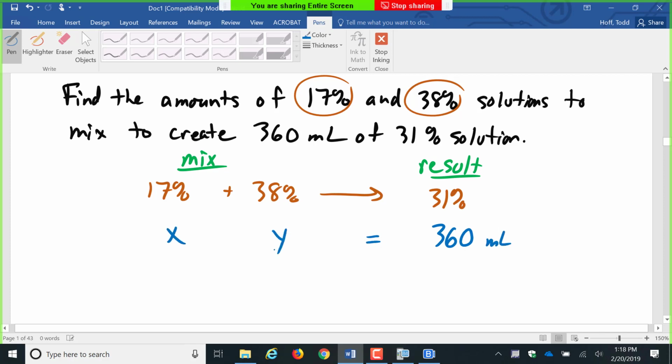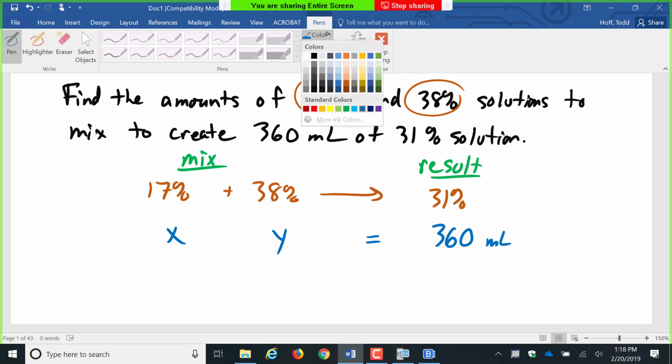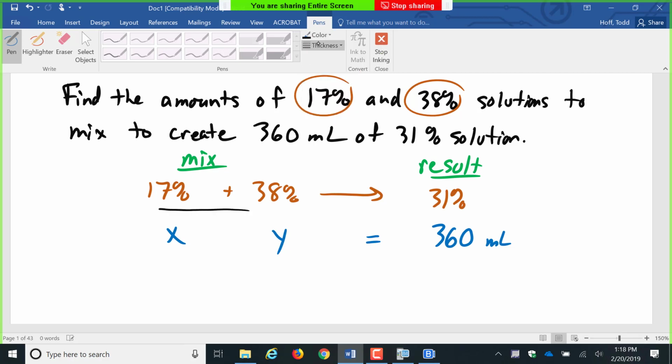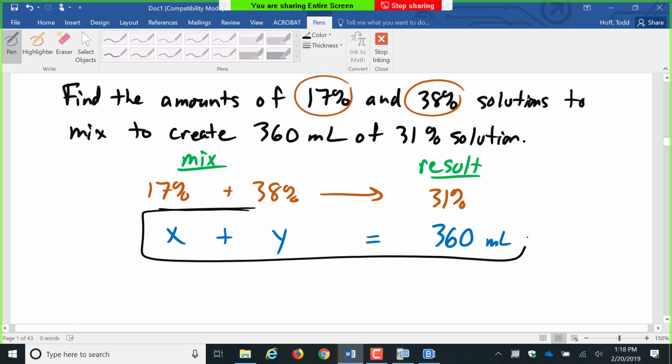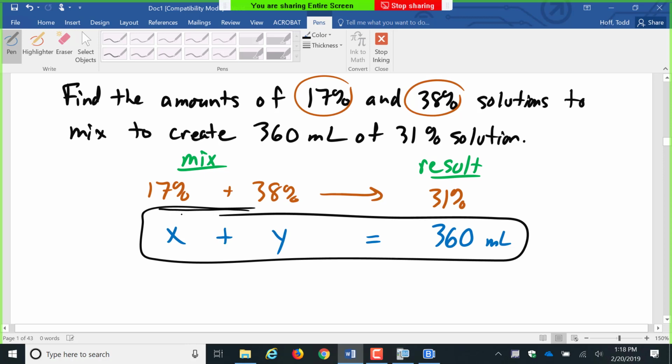So I'm going to let x be the amount of the 17% and y be the amount of the 38%. So x is the amount of the 17, y is the amount of the 38. Well, we have our first equation right here already. x plus y has to add up to 360 milliliters. x plus y equals 360.